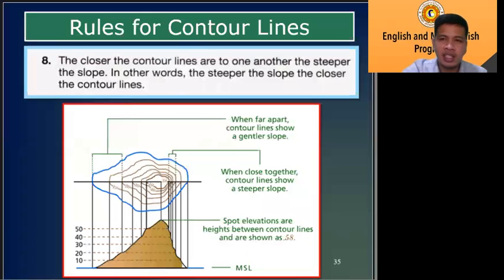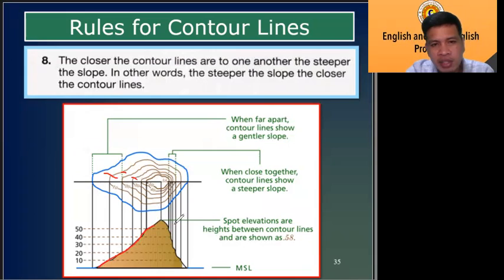Next one here is number 8. The closer the contour lines are to one another, the steeper the slope. In other words, the steeper the slope, the closer the contour lines. As you can see here, the slope is not so steep, that's why the lines are farther apart from each other.